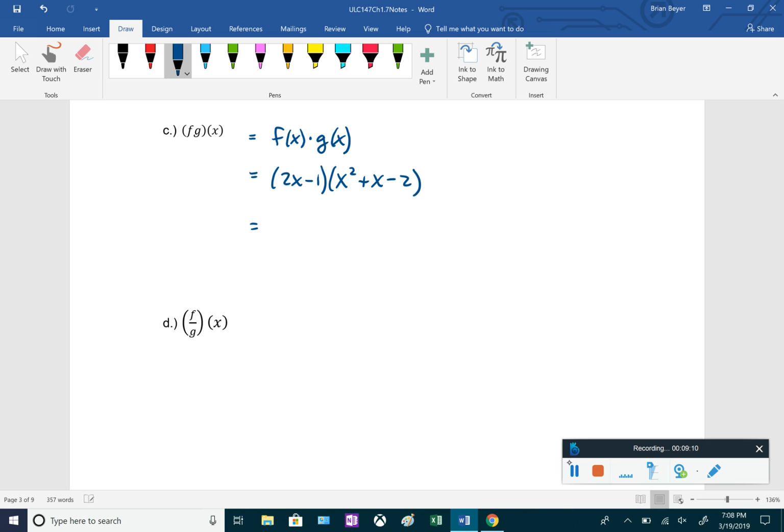So distributing the 2x, we should get 2x cubed plus 2x squared minus 4x. Distributing that negative 1, we should get negative x squared minus x plus 2. Now we combine like terms, and we get 2x cubed plus x squared minus 5x plus 2. So I went through that kind of fast because we should already know how to do that.